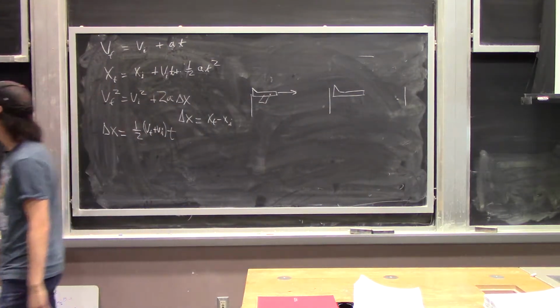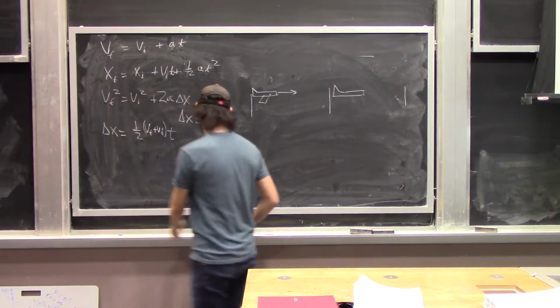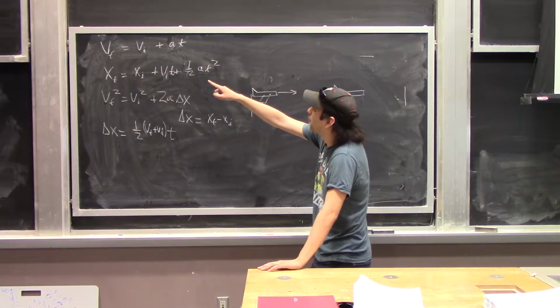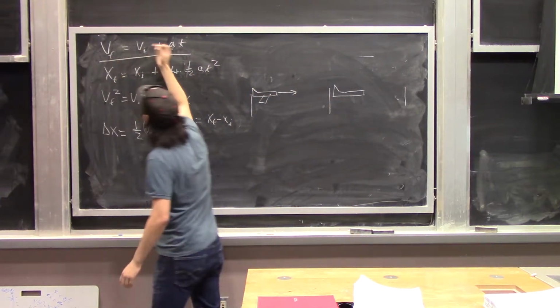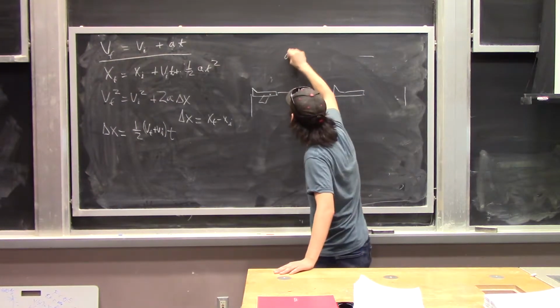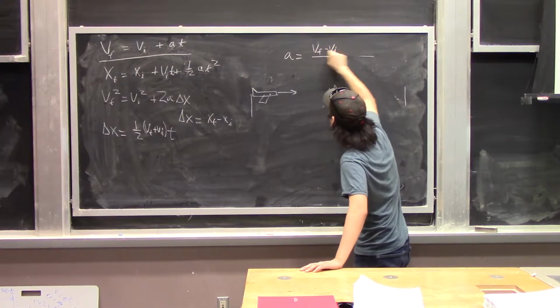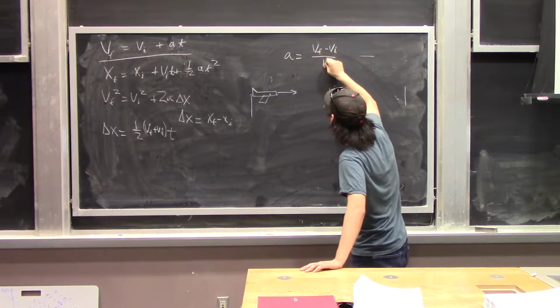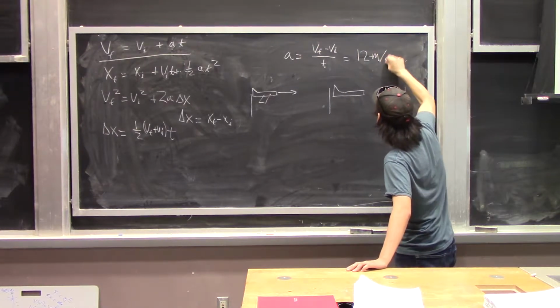We also know how long it takes to change its velocity: 4.8 seconds. Based off of that information, we can use this equation because we know everything in it except for the acceleration. We can rearrange this to say that the acceleration is just the final velocity minus the initial velocity divided by the time. When we do this, we get about 12 meters per second squared.